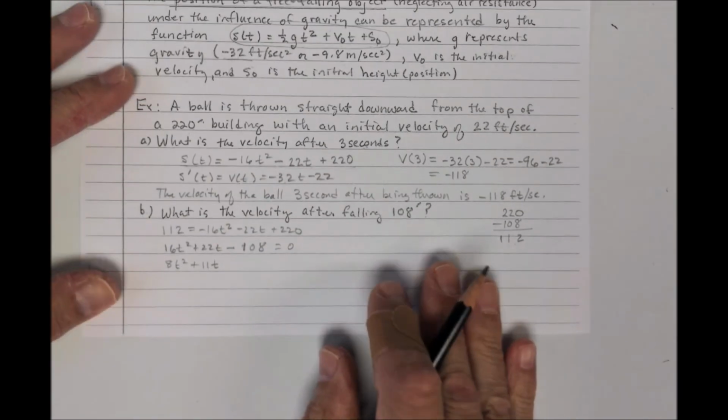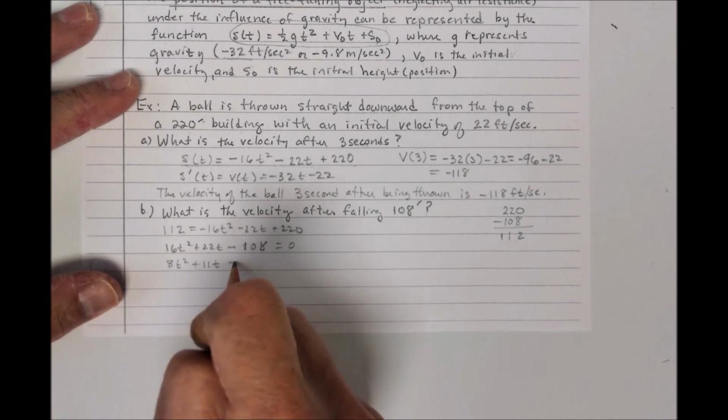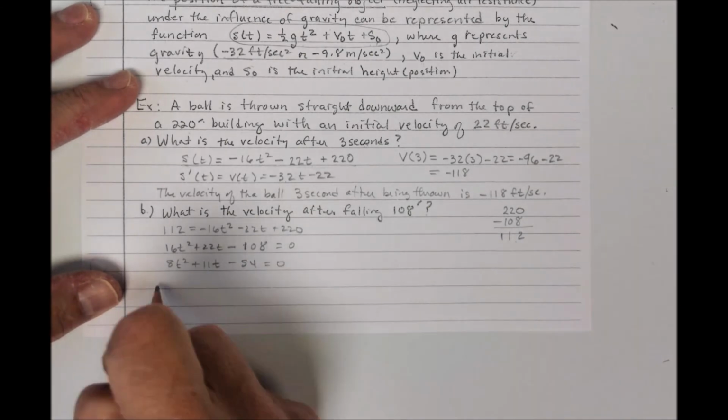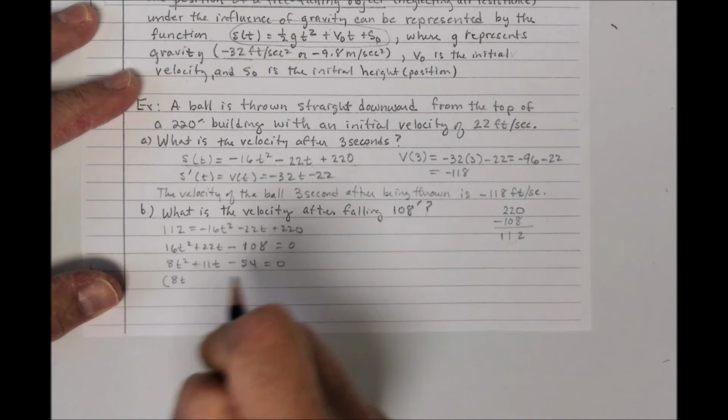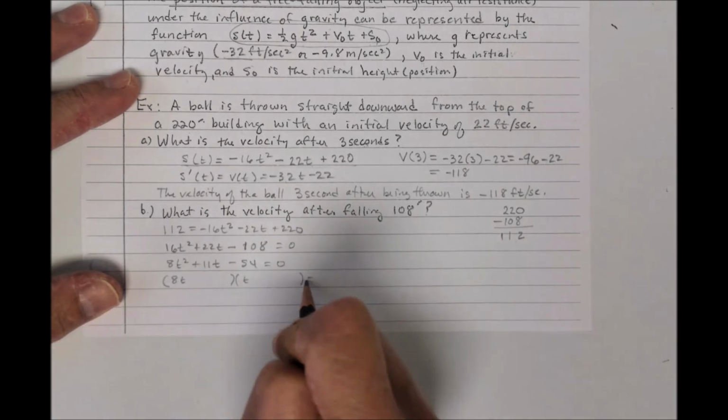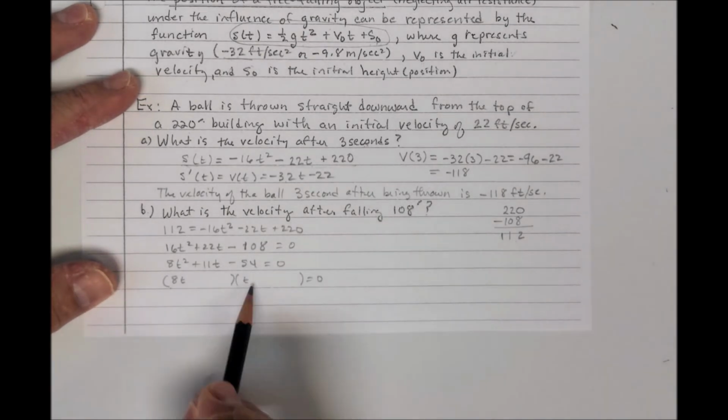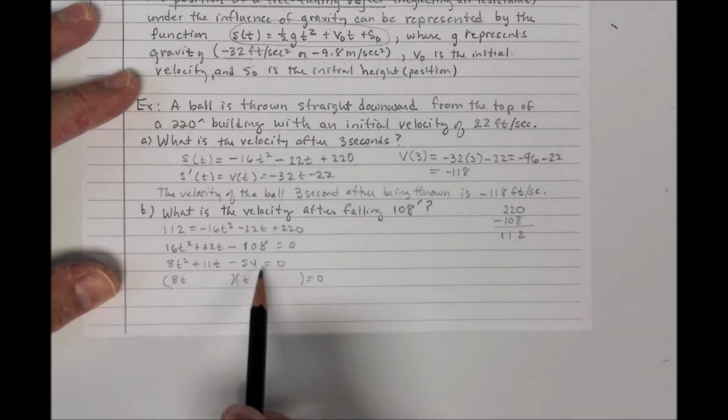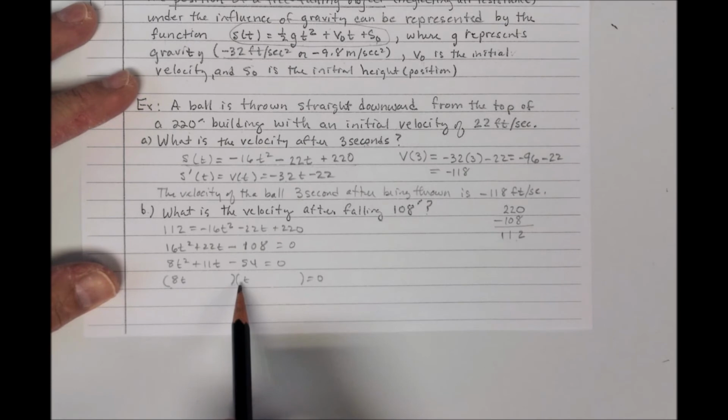So I get 8t squared plus 11t minus 54 equals 0. Let me raise this up and straighten it out there for you. I got to get an odd one in the middle, so I'm thinking it's 8t and t, and probably 9 and 6. Let's see, 9, 6.